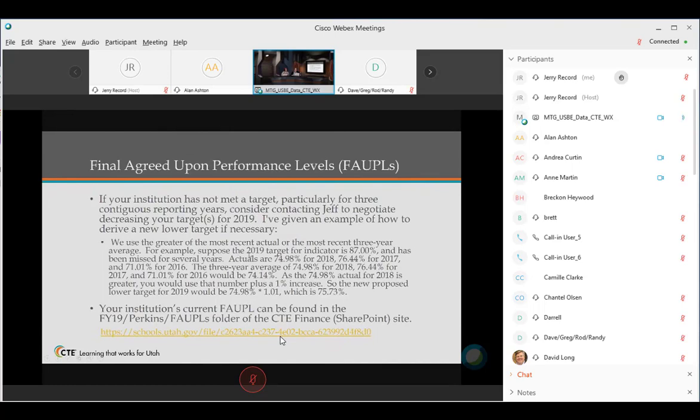So if in 2019 the target is 87% and the actuals are 74.98%, 76.44, and 71.01, the 3-year average is 74.14. Because that's less than the 74.98, we would take that, multiply it by 1.01 to get a 1% increase, and our new proposed target would be 75.73.